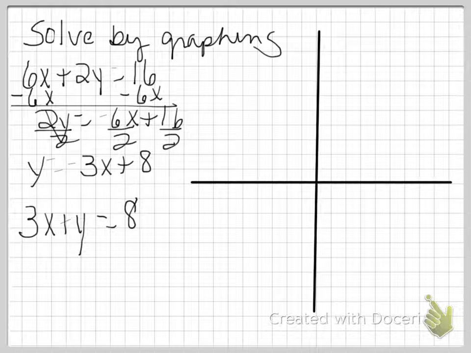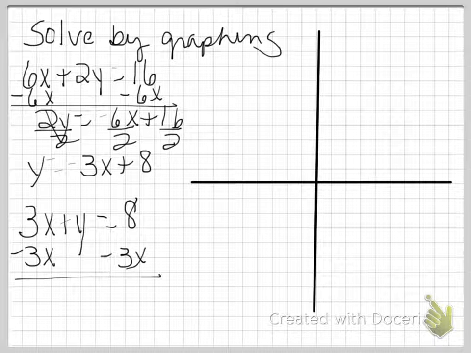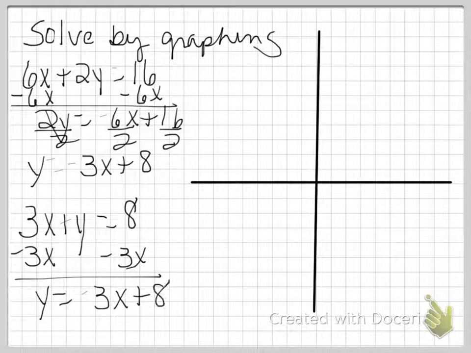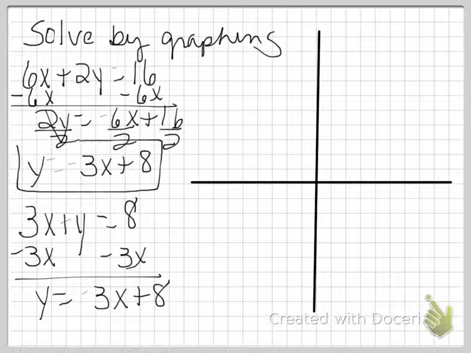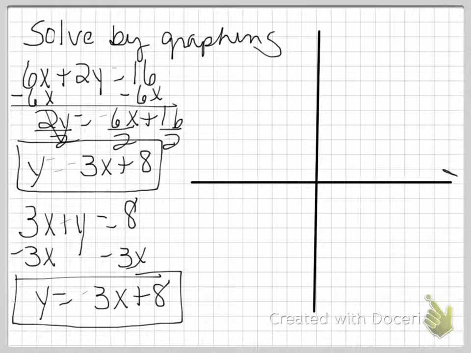The second equation, we're going to subtract 3x. And we get y is equal to negative 3x plus 8. Now, if you will notice, both of these equations are the exact same equation. So, when we go to graph, we will only get one line.